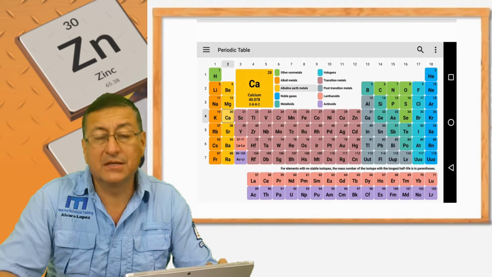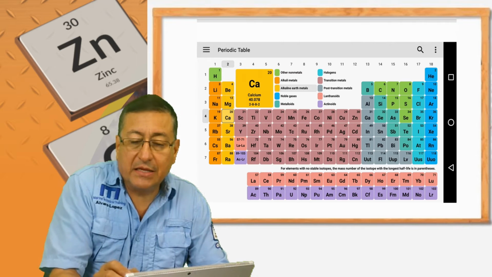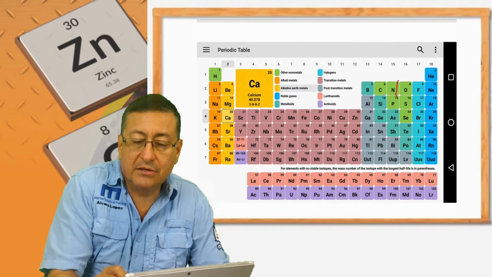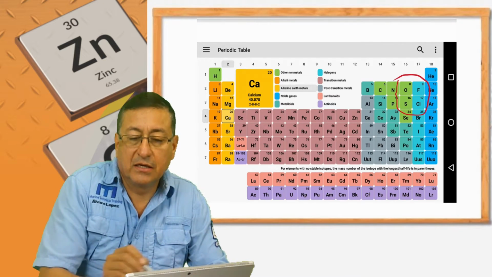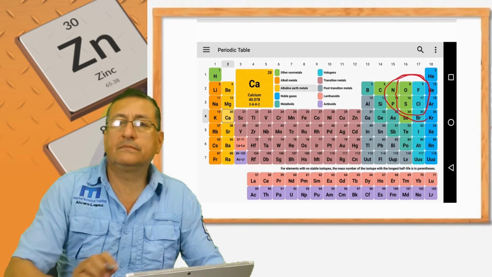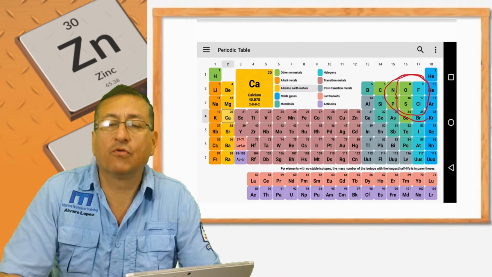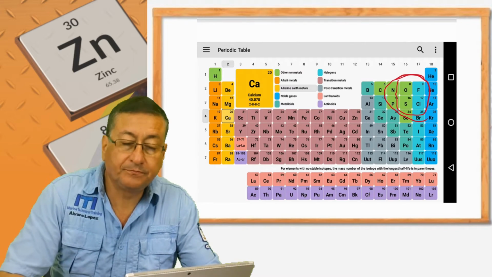Don't forget, my friends, try to keep in mind the periodic table. Try to remember that the elements located in this corner all accelerate the phenomenon of corrosion a lot.